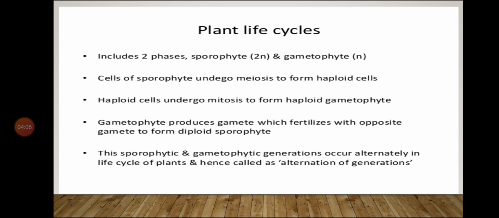That means sporophyte gives rise to gametophyte and gametophyte gives rise to sporophyte. Once there is a sporophytic generation, the second time there is a gametophytic generation, and this occurs alternately in the life cycle of a plant. Hence, this phenomenon of the life cycle of plants is known as alternation of generation.